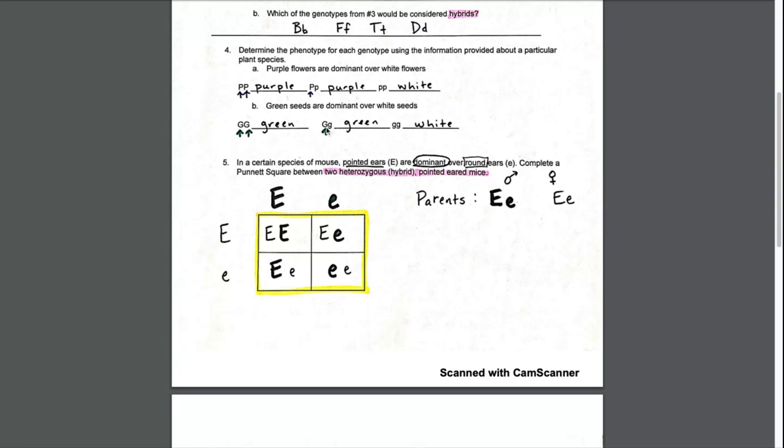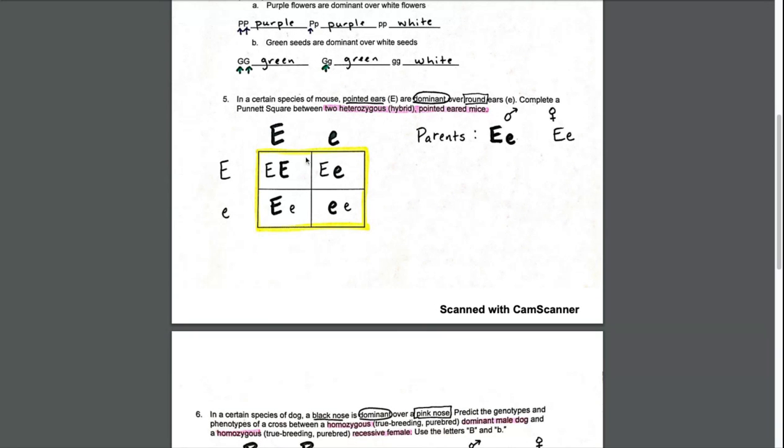Because there's a capital, the seeds would be green. And in the last example here, we have lowercase g. White seeds are recessive. The only way that recessive trait is going to show is when there's 2 recessive alleles.